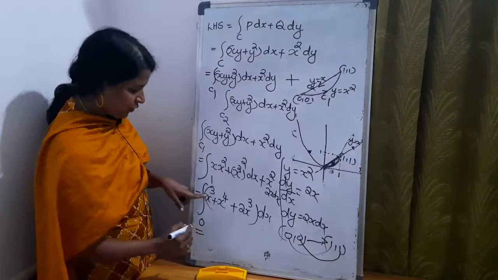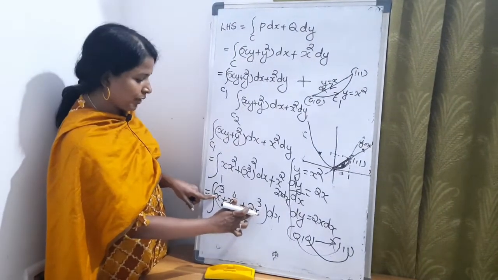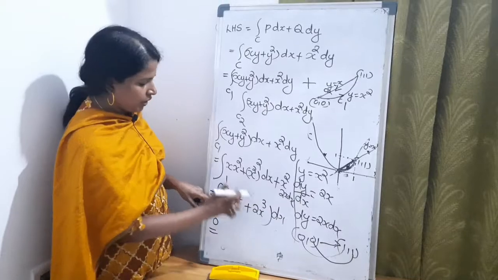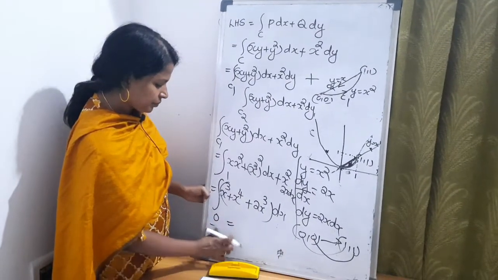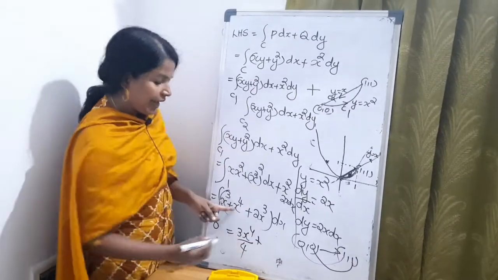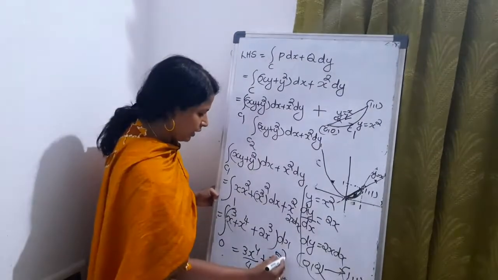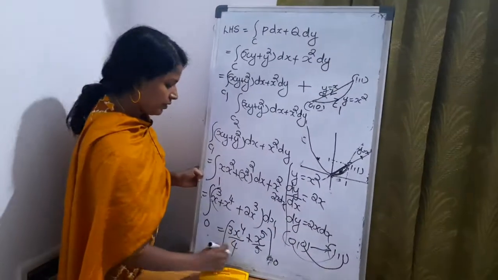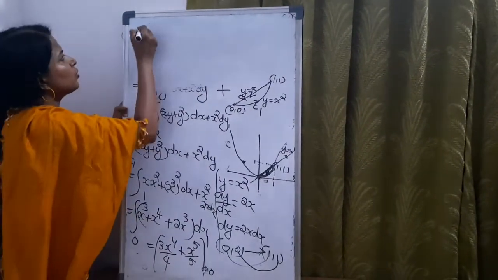That is equal to, first we integrate x³ plus 2x³, which is 3x³. So integrating 3x³, we get 3x⁴/4, plus x⁵/5, with limit 0 to 1.